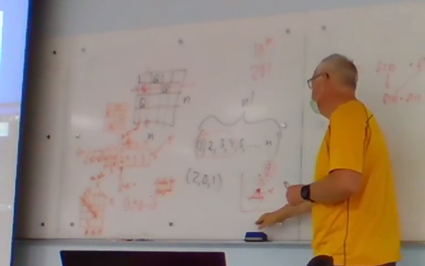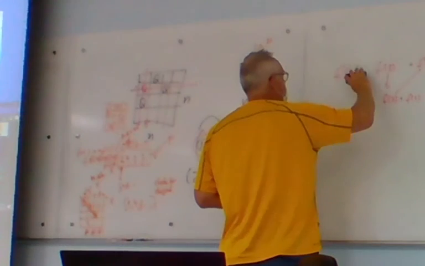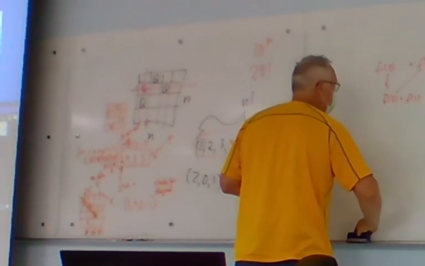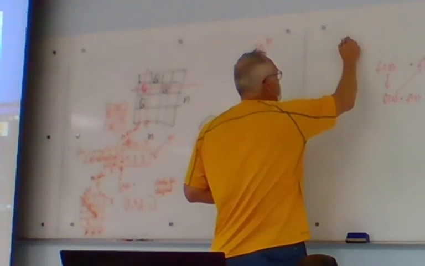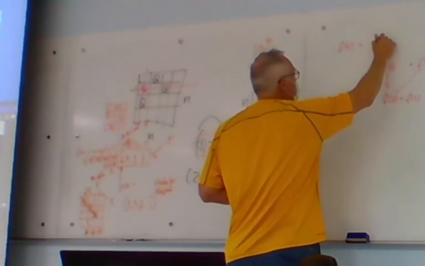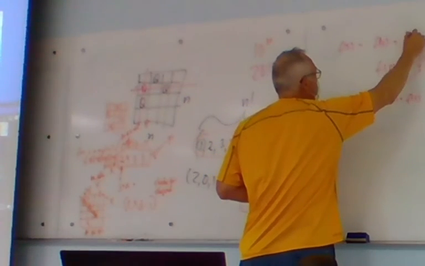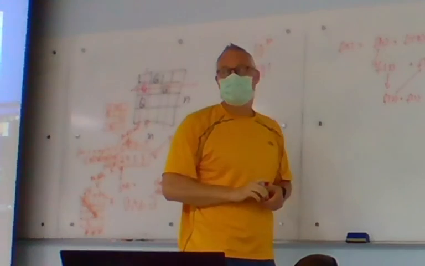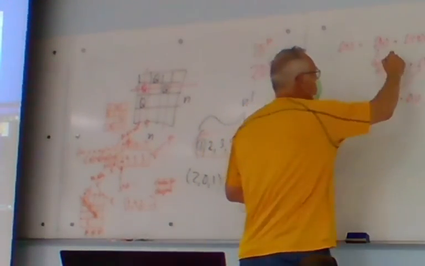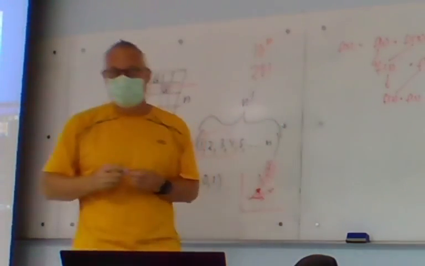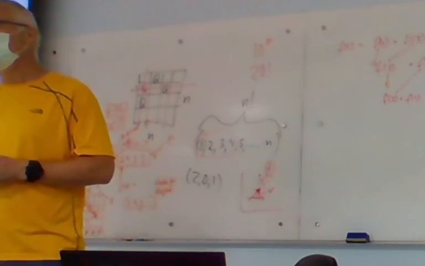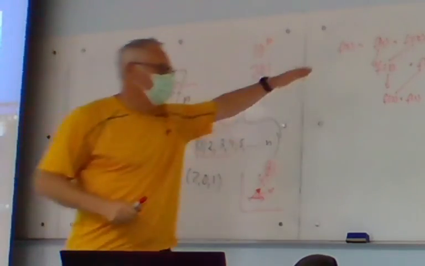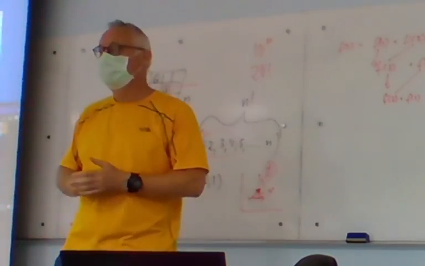So I should do 5. f of 4 is f of 3 plus f of 2. And then this one is repeated there as well. And so that's how the whole computation blows up as well.